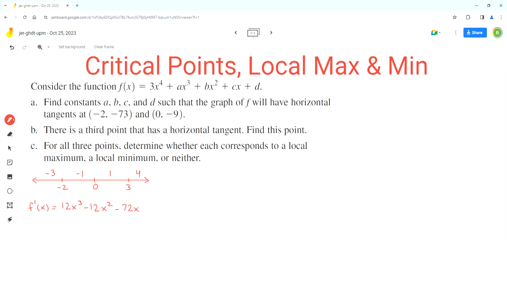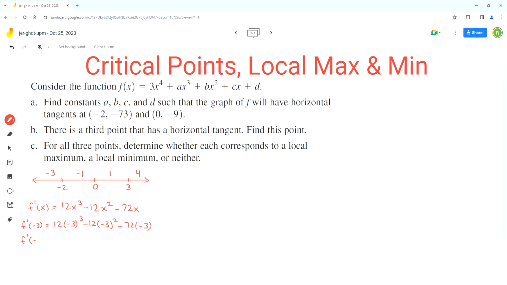Now we'll start by subbing in the first test value. So we'll sub in x as -3. f prime of -3 equals 12 times -3 cubed minus 12 times -3 squared minus 72 times -3.